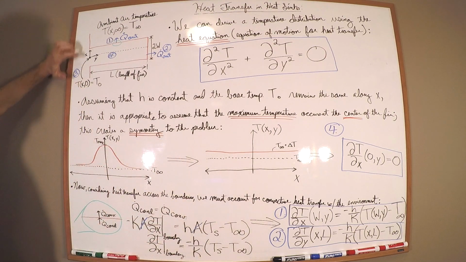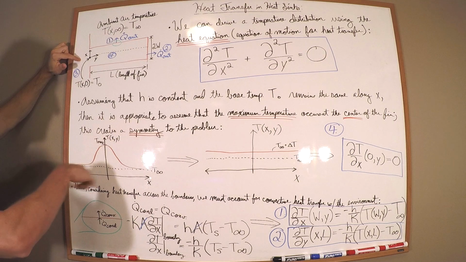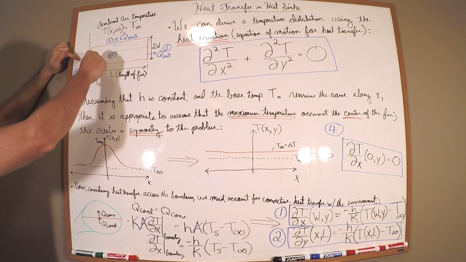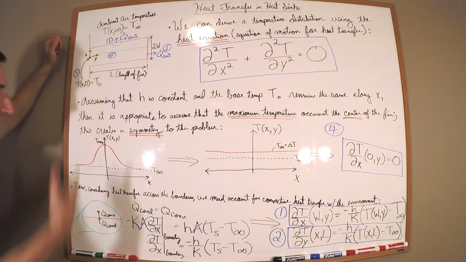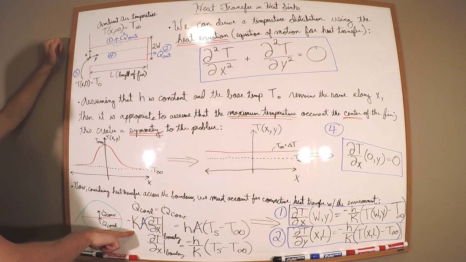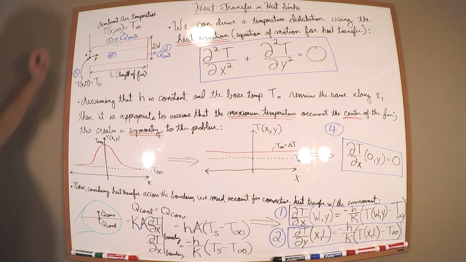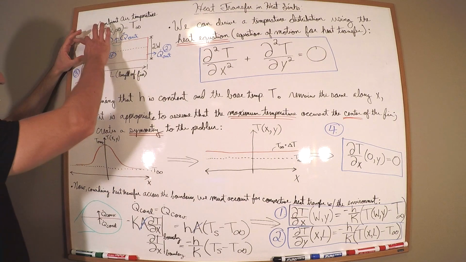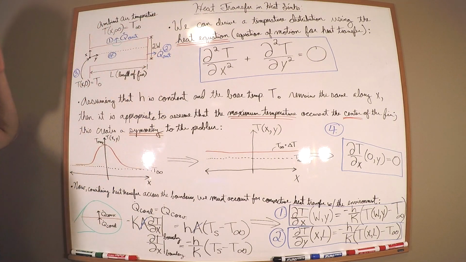That's why I chose the center of this fin. It was guided by my intuition, guided by this fact, and guided by the reality that no heat transfer is going to cross that border. Right? It has to be the max, as dictated by Fourier's law.